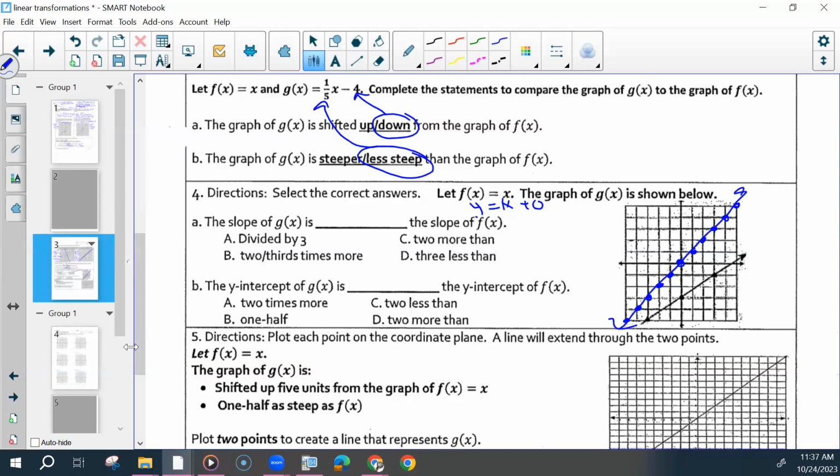Okay. This one is talking about the slope of g of x, the new function. Remember that slope you were multiplying or dividing. So compare the original to the new. Which of these apply? What is the slope of the new function?